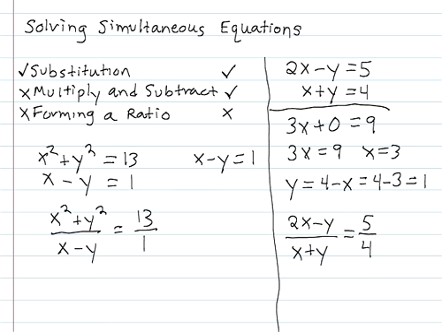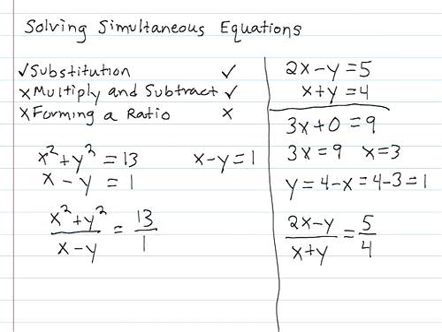The answer is because of the addition and subtraction. Forming a ratio only works when everything in the equations that you're using is either multiplied or divided, so there's no addition or subtraction. That's the only case in which forming a ratio might help combine the equations and solve them simultaneously.